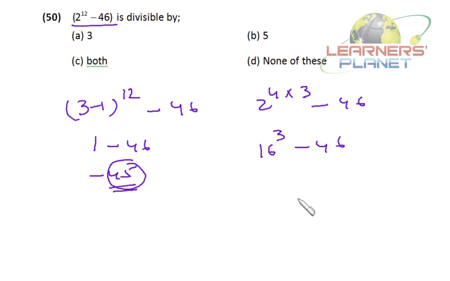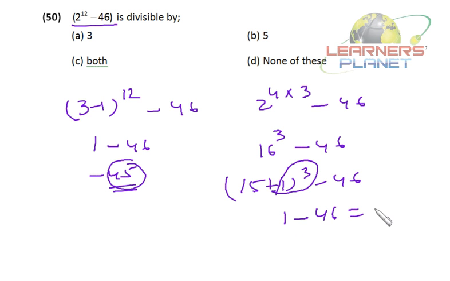Now 16 can be written as (15 plus 1)^3 minus 46. So if I divide this expression by 5, I'll be getting the remainder as 1 cubed, that is 1, and this is minus 46. So further I'm getting minus 45. So 45 is also a multiple of 5. So this expression is divisible by both 3 and 5.